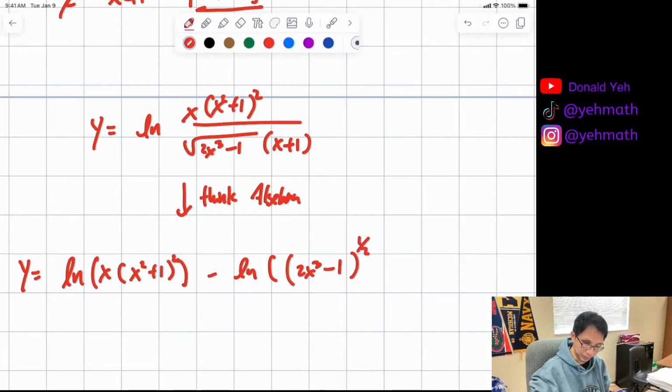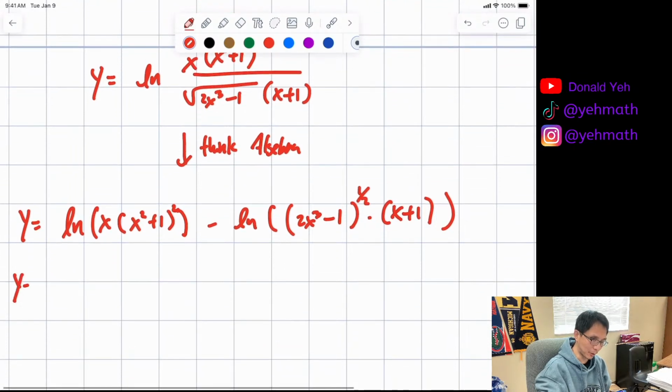I think the last one wasn't that bad. It's not tedious. Actually, I can do it all in one step. I just don't do it in one step. I show you multiple things happen here. Ln of x plus ln of x squared plus 1 to the square, right?